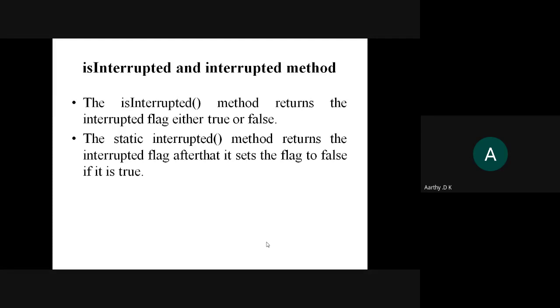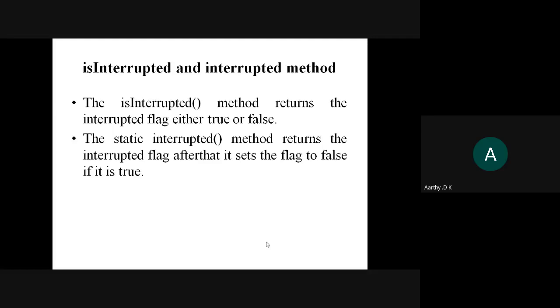The second method, interrupted, will return whatever the flag value is, and after returning, it will reset the flag to false, if it was true. After you call the interrupted method, the value of the flag will always be false. But if you call the isInterrupted method, it will retain the value of the interrupt flag.